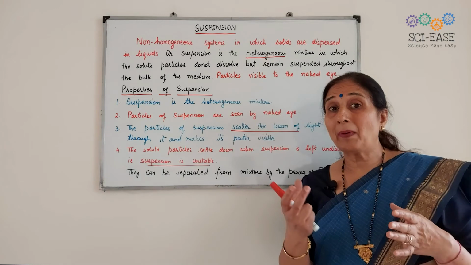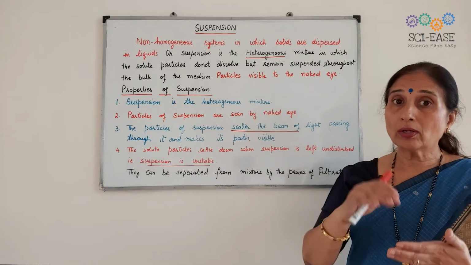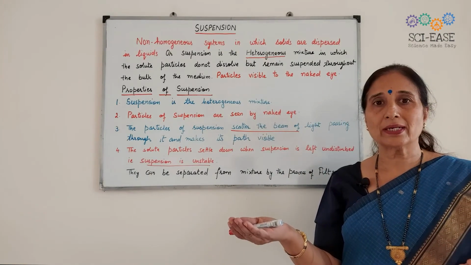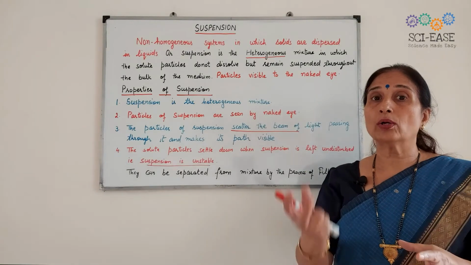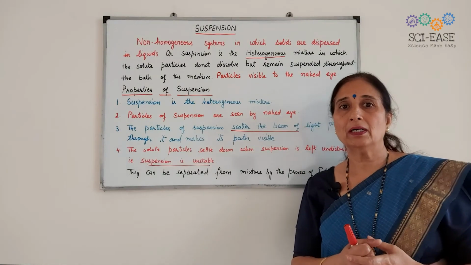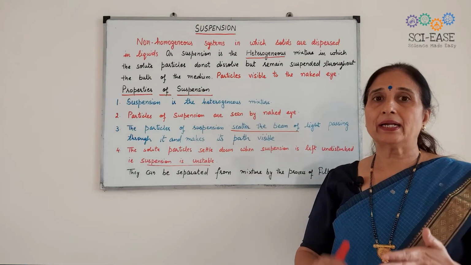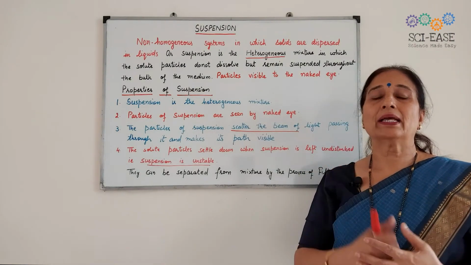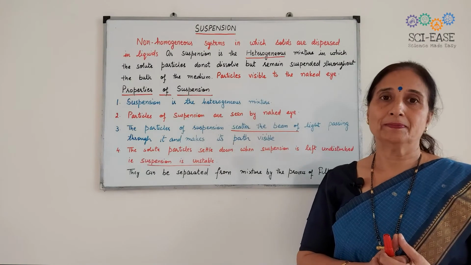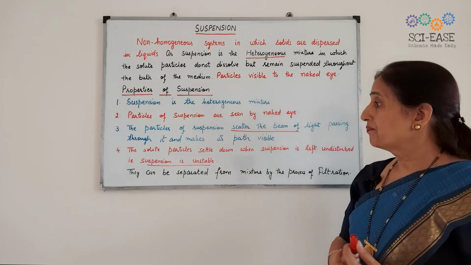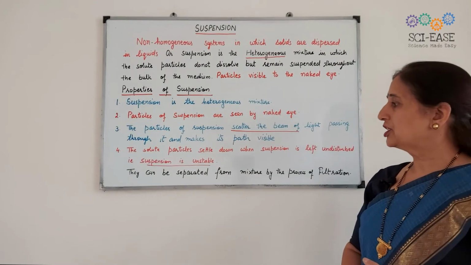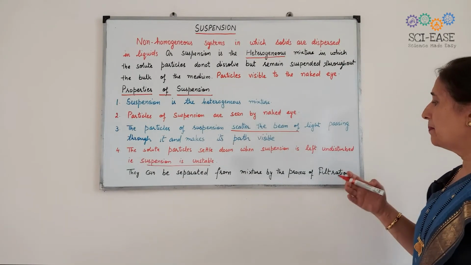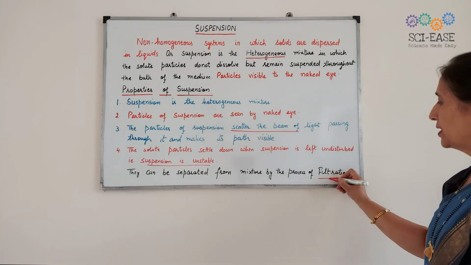Here, the particles of the chalk or the mud in water, that is also an example of the suspension, will remain on the fold of the filter paper, and the clear filtrate or water can be collected in another beaker. Okay, so the particles of suspension can be separated by the process of filtration.